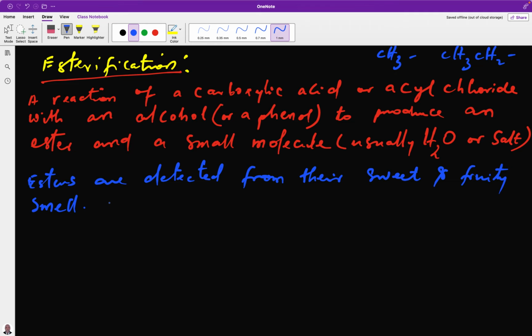And you should also remember that the names of esters will usually end in oate.